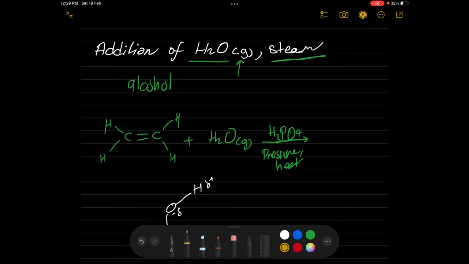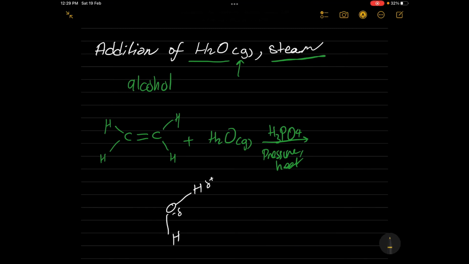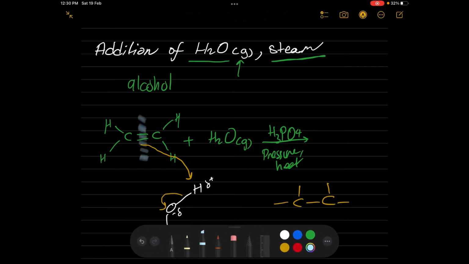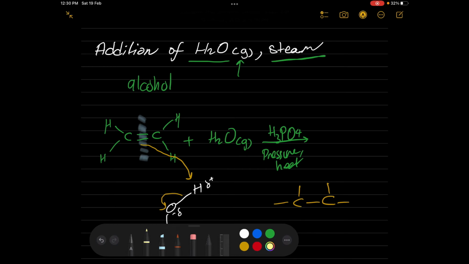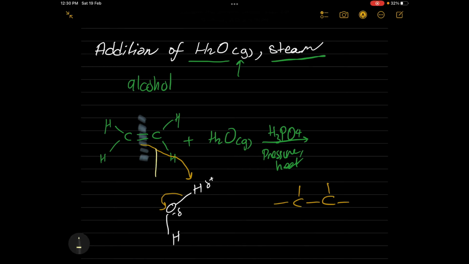So the electron-rich area will come and take the partial positive, and these electrons are going to be here. So we'll notice that the double bond will be broken, as we can see. You have a symmetrical alkene, which means there's no problem if you combine the hydrogen here or in here. The same compound will be produced.